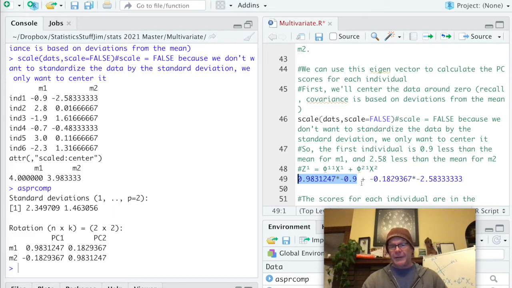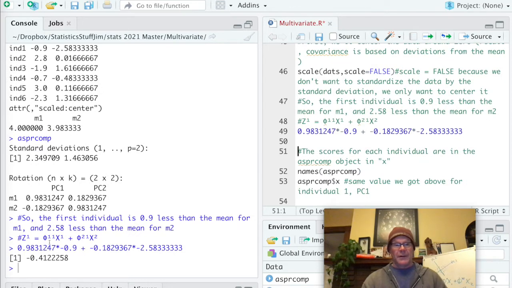Then I'm going to add the second value in the eigenvector, which is negative 0.1829367, multiplied by the observed value for measurement 2 for individual 1. All I'm trying to do is figure out the PC score for axis 1 for individual 1. If I do that, I get negative 0.4122258. So that's the PC score for individual 1 on axis 1.